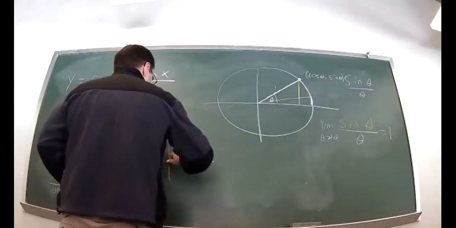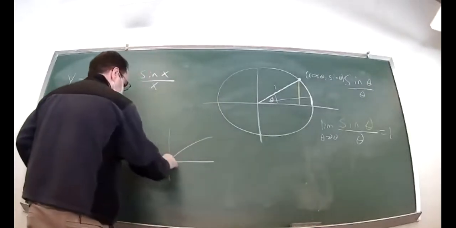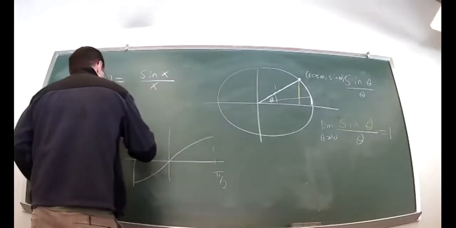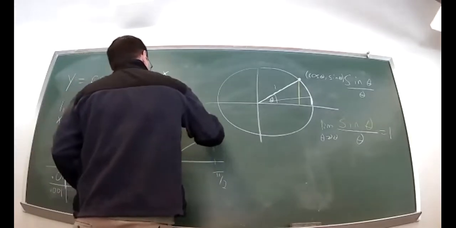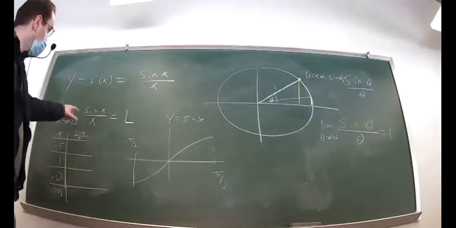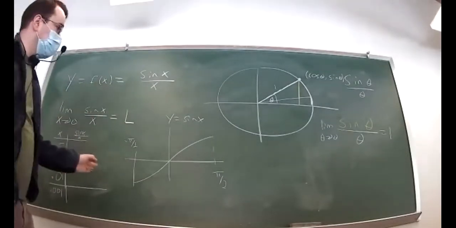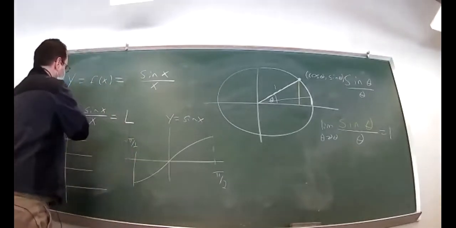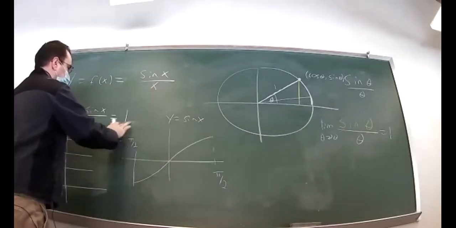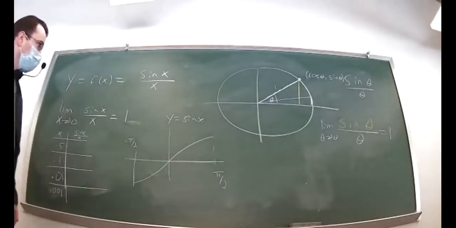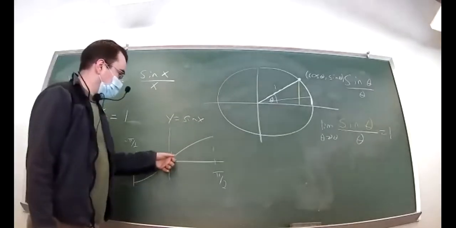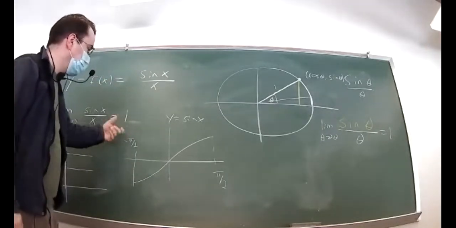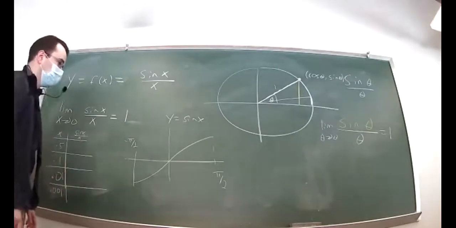Just one more quick thing: if you graph sine x, it looks like this, where this is pi over 2, and that is minus pi over 2. Sine x over x is the average rate of change from 0, 0 to x. And since we figured out that the limit as x goes to 0 of sine x over x is equal to 1, that's telling us the instantaneous rate of change is equal to 1.